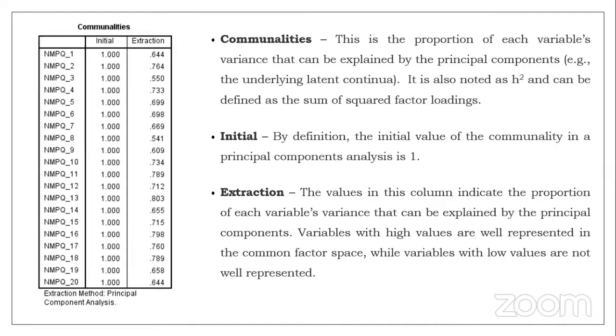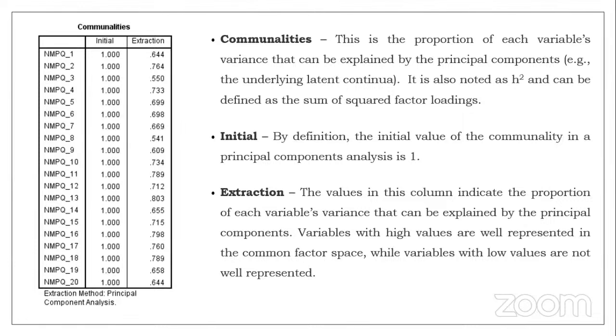It doesn't consider the specific or the error variance. So that's why the initial communality for each of these variables comes out to be 1, because it assumes that the total variance is 1 and it's the same as the common variance. There is no concept of specific or error variance separately.